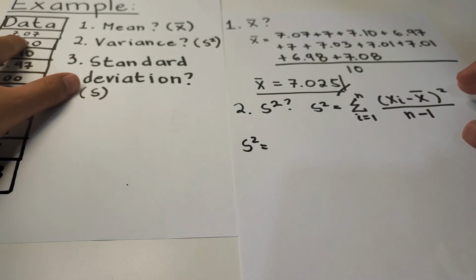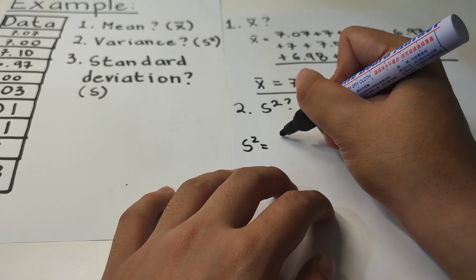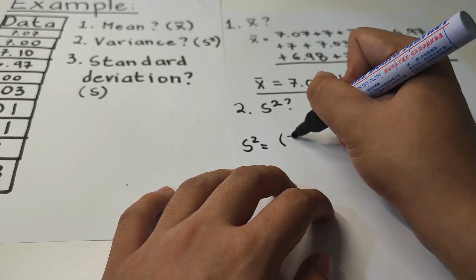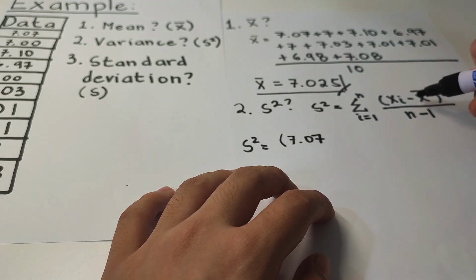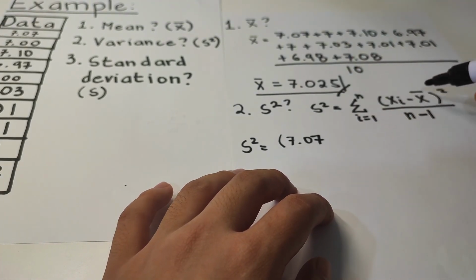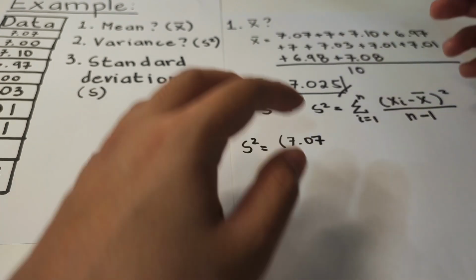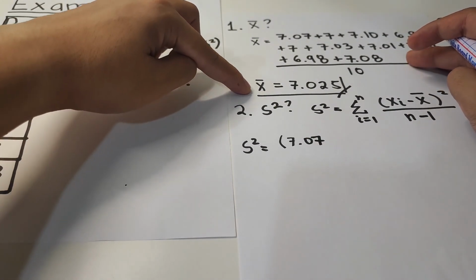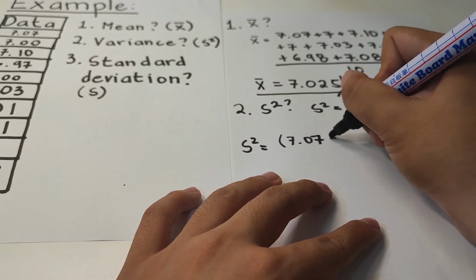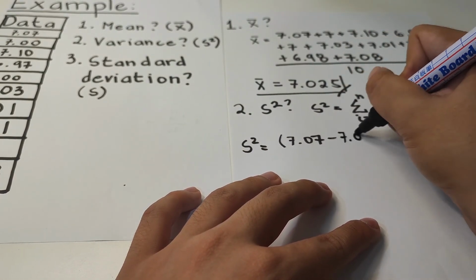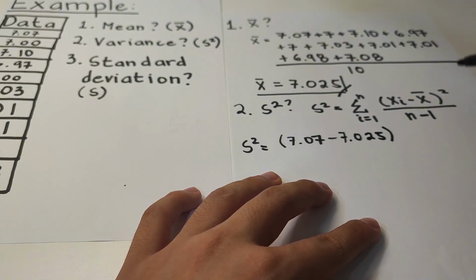We have 7.07 minus the x bar, which is the sample mean from number 1. So 7.07 minus 7.025, squared.